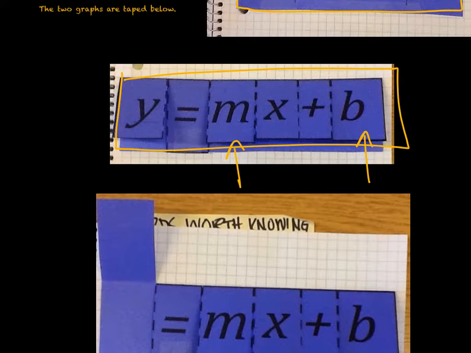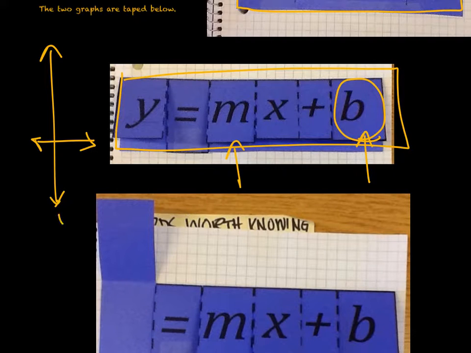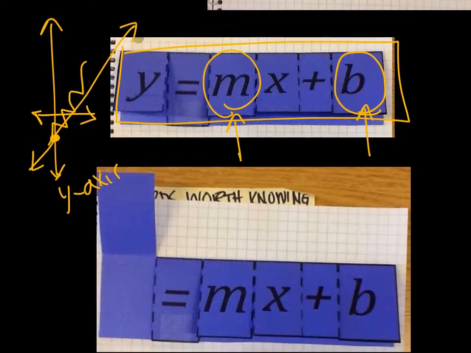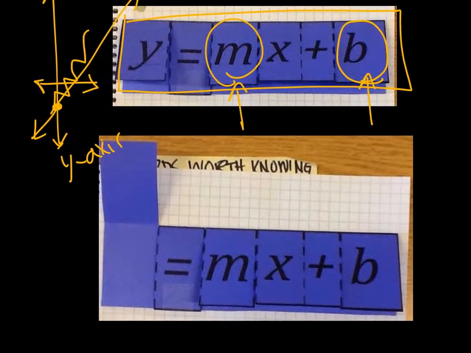Essentially, we always have a starting point, a point along the y-axis that we can plot, and then from there we can use the slope to figure out where the line is going to go. So this slope-intercept form is super helpful for graphing, so being able to get an equation into this format is really nice.